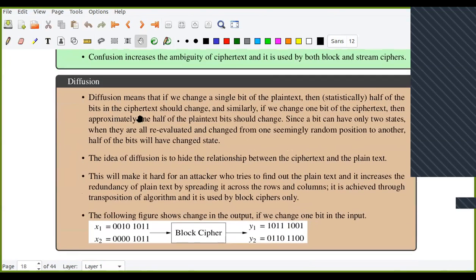For example, diffusion means that you can see that, for example, I have two plain texts, x1 and x2. Can you see this and tell me what is happening?